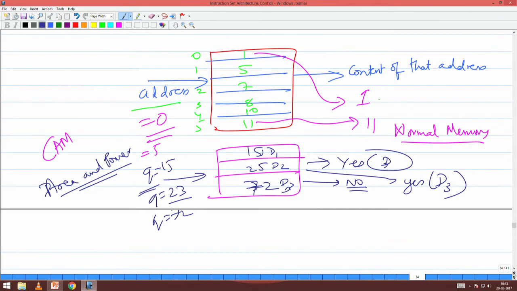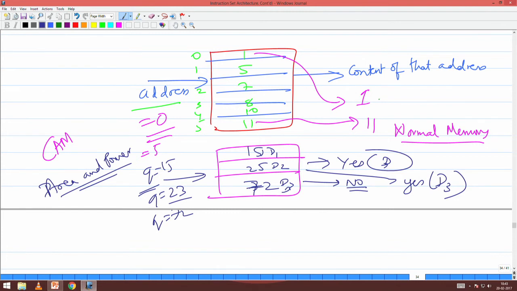Basically it is like I have a set and I am asking a membership query for that set. For the set 2, 3, 4, 5: is 2 a member, is 4 a member? This is a membership query for the set. Understood? Clear?